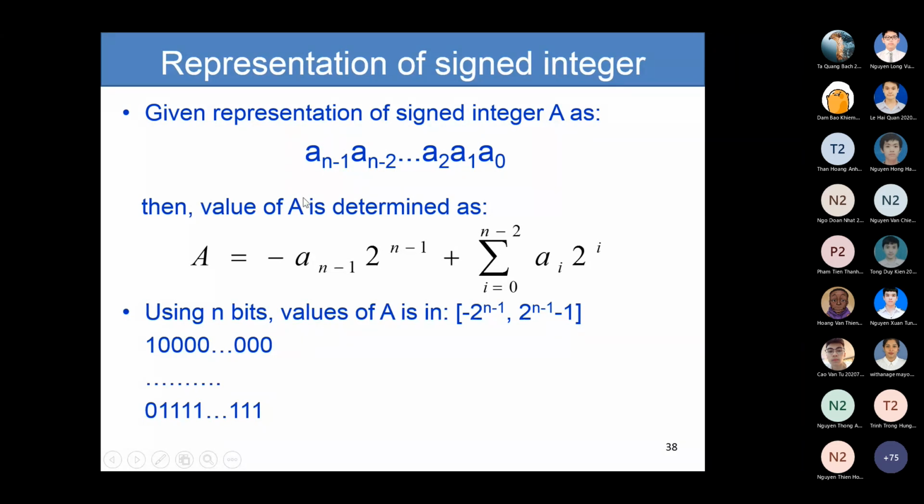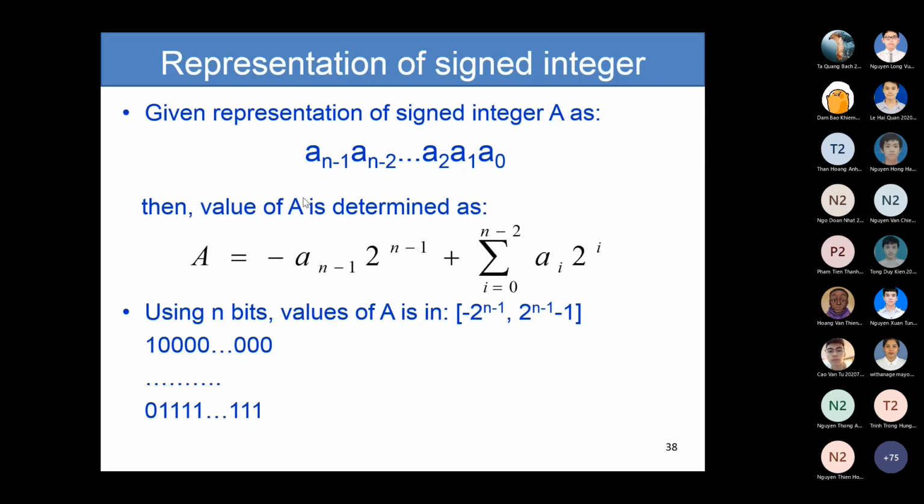Okay, so if we use n bits to represent an unsigned integer, we can represent 2 to the power n values, from 0 until 2 to the power n minus 1, right?